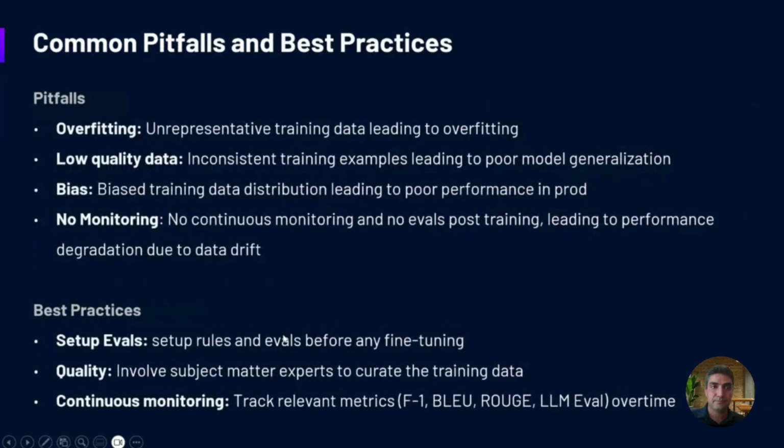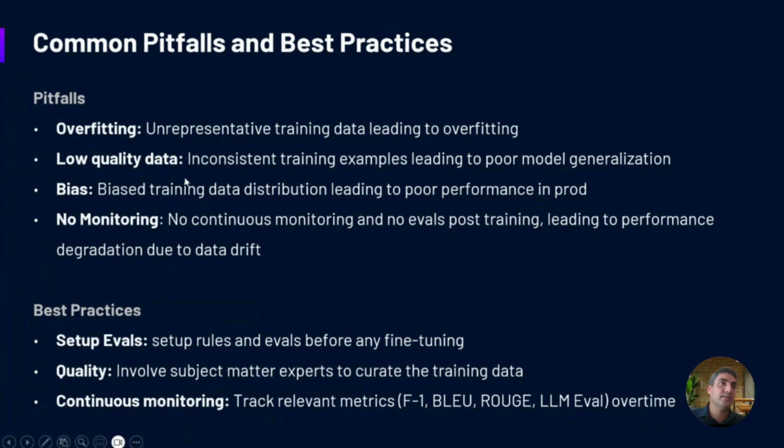So the common pitfalls and best practices that we've seen. The first one is overfitting. When you're trying to fine-tune a model, one of the main issues that we've seen is overfitting. If you provide unrepresentative training data, that means a little bit biased, it doesn't have a good distribution compared to your production data, you will probably end up in overfitting and the model will have low performance in production.